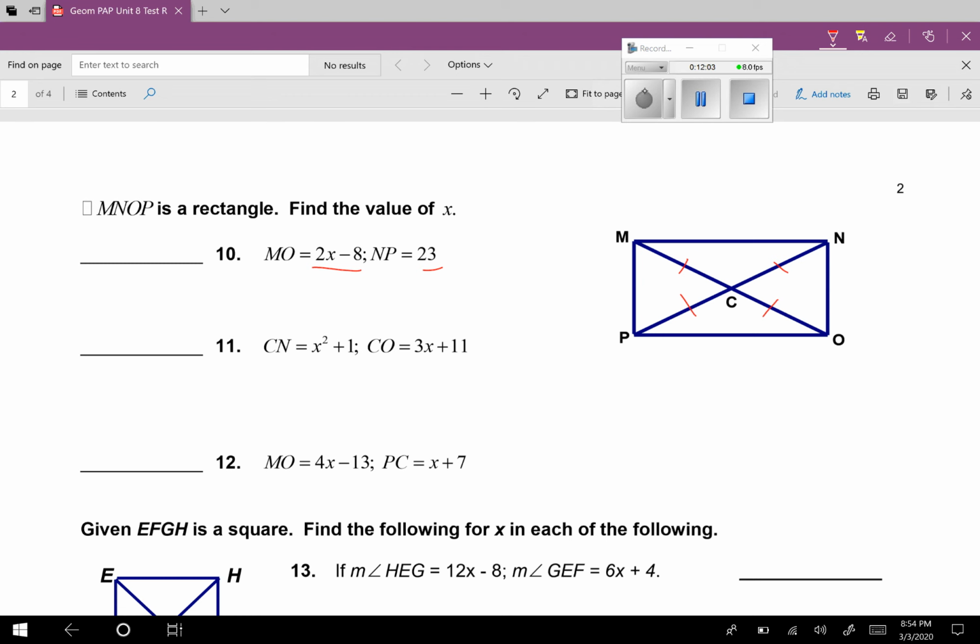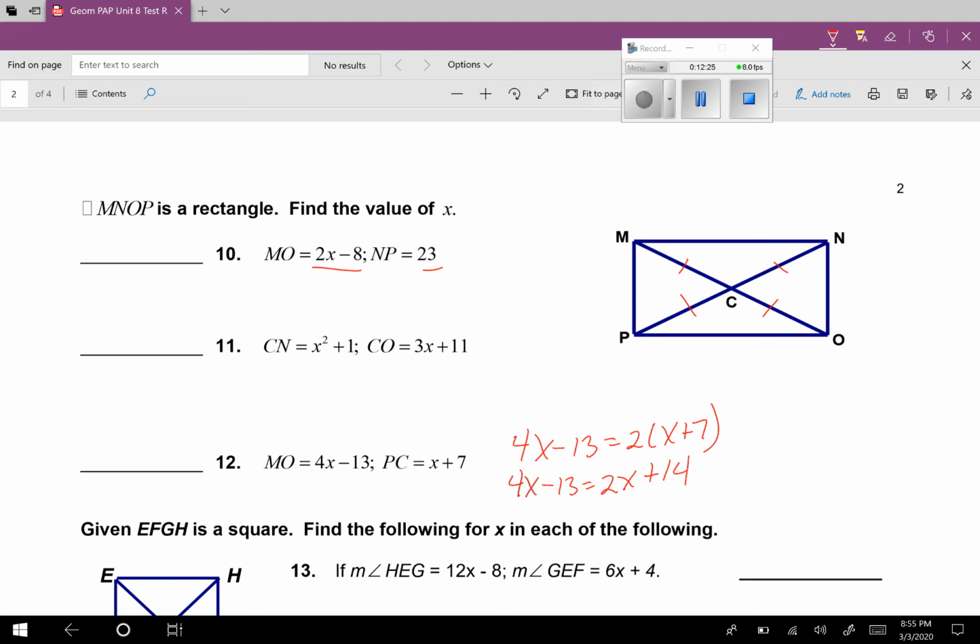I'll do number 12 with you guys. So MO is the whole thing. PC is half of it. So we should do 2 times PC and set it equal to MO. So 4x minus 13 is equal to 2 times x plus 7. So 4x minus 13 is equal to 2x plus 14.